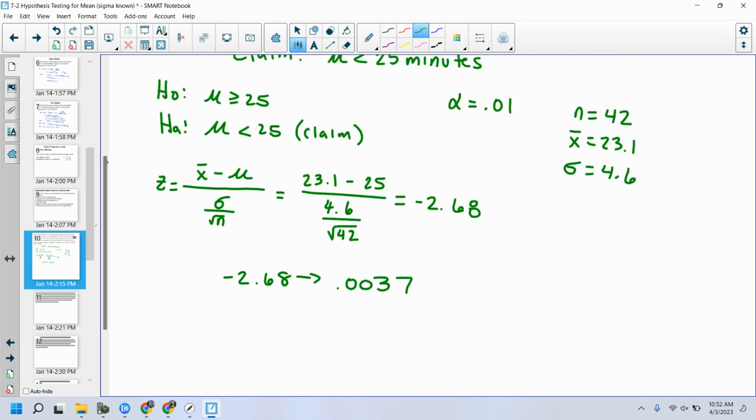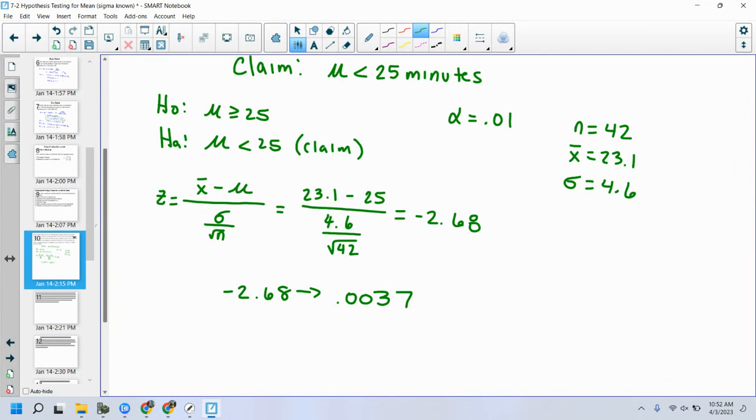Now, is this a left-tailed, right-tailed, or two-tailed test? Where do we look for that? The alternative. Because this is a less than, that tells me this is a left-tailed test.